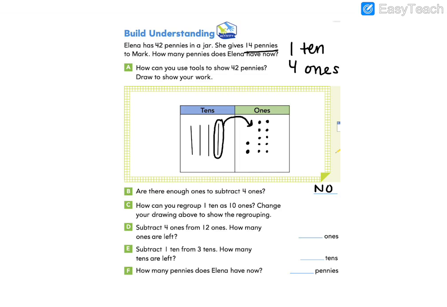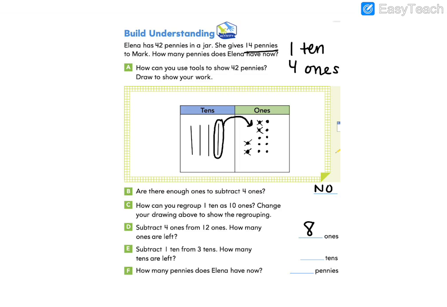Now I can go ahead and subtract my 4 ones. 1, 2, 3, 4. How many ones are left? Go ahead and count. You should have gotten that there were 8 ones left.